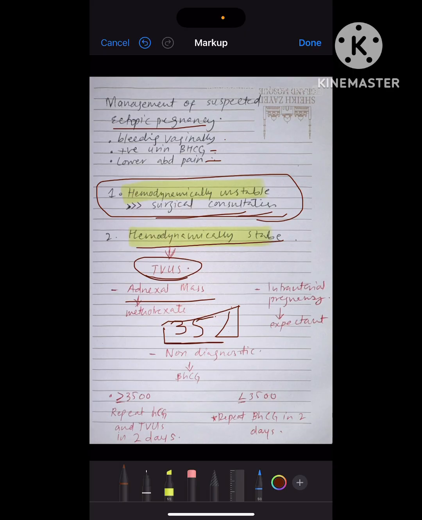Okay, so in that case, this is very important, you go for dilation and curettage. If there's no 35% increase in the beta HCG, you go for dilation and curettage and you examine the endometrial contents.